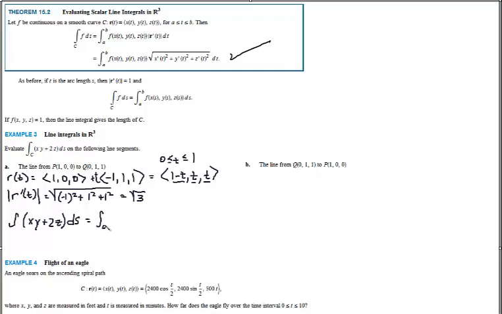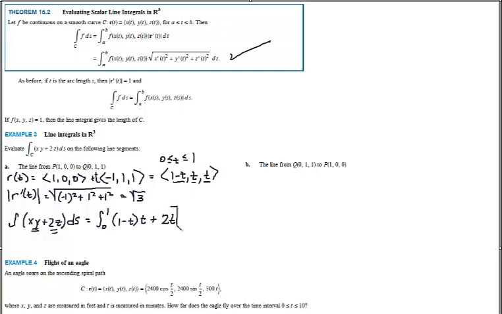I'm going from 0 to 1. I'm going to write my x component, which is 1 minus t, multiplied by my y component, which is just t, plus 2 times the z component, and the z component is just t.